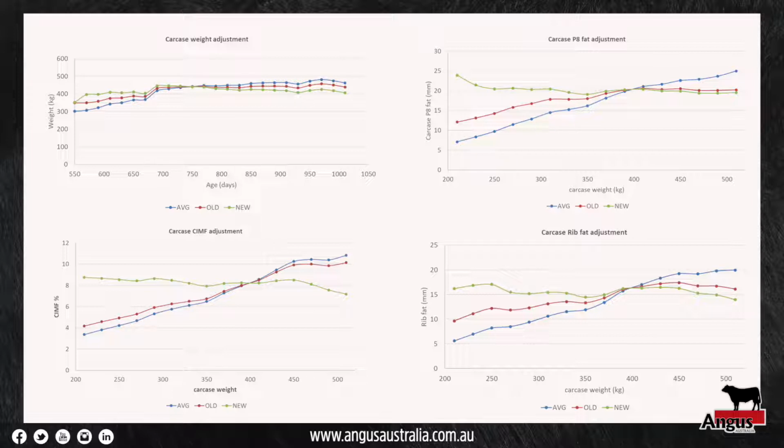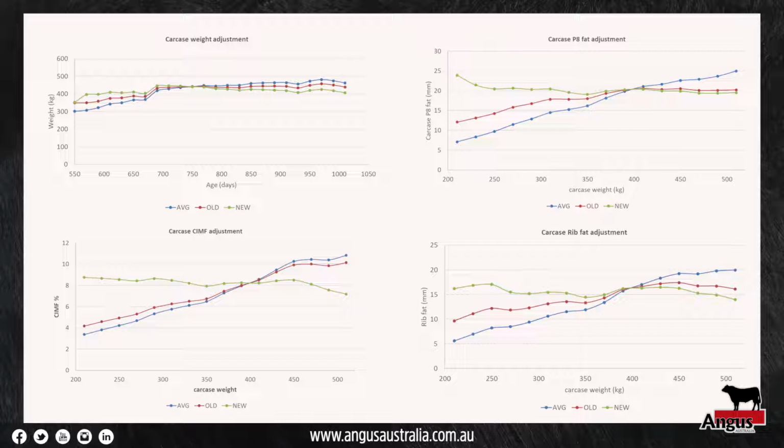The red line on that graph is basically the phenotype after the adjustment has been made based on the current analysis. And then the green line is with the new adjustment. You can see that before, while the adjustment was attempting to remove the effect of differences in carcass weight or differences in age, it wasn't actually going the full way. It was removing some of the effect, but not all of the effect.